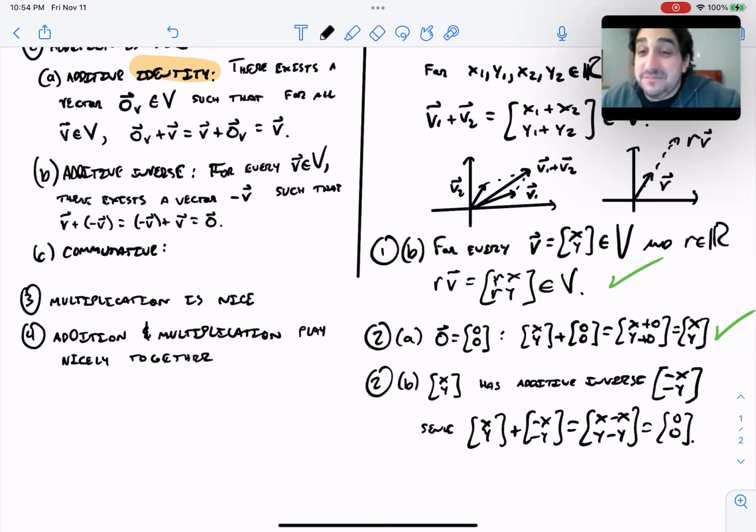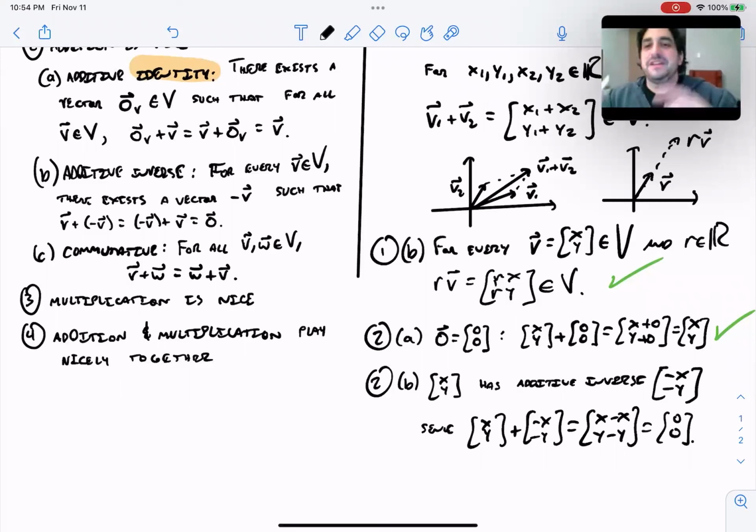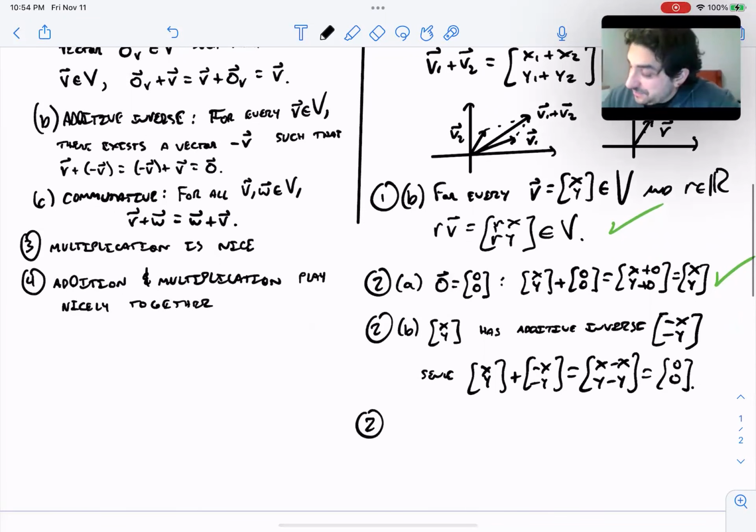And the reason it's commutative is it means they can move past each other, like drivers on the highway. So for all v and w in V, if you add v plus w or you add w plus v, you get the same thing because w and v can move past each other. So this is the commutative property of addition.